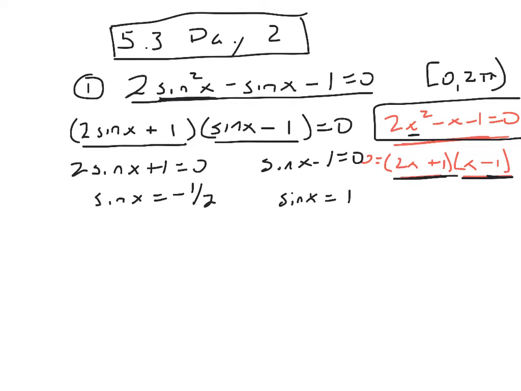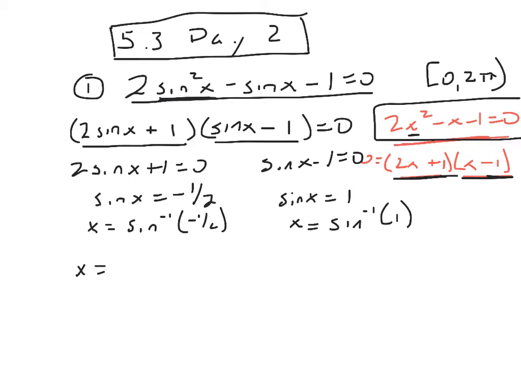So therefore, now to get rid of sine, x will equal the inverse sine of negative 1/2, and x will equal the inverse sine of 1, and then that's where you go to your trig table and say, okay, where does sine equal negative 1/2?